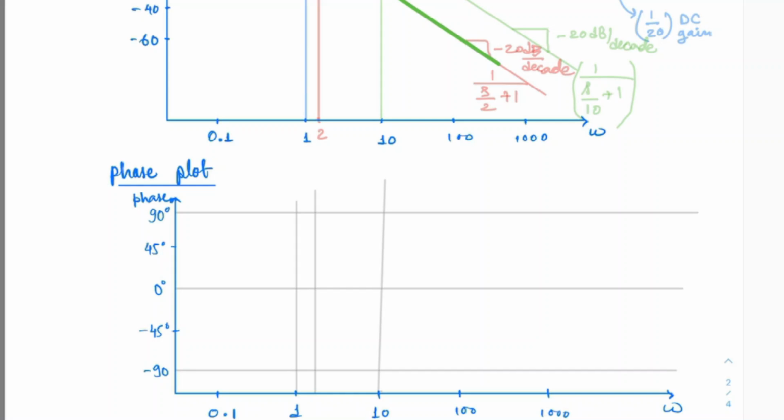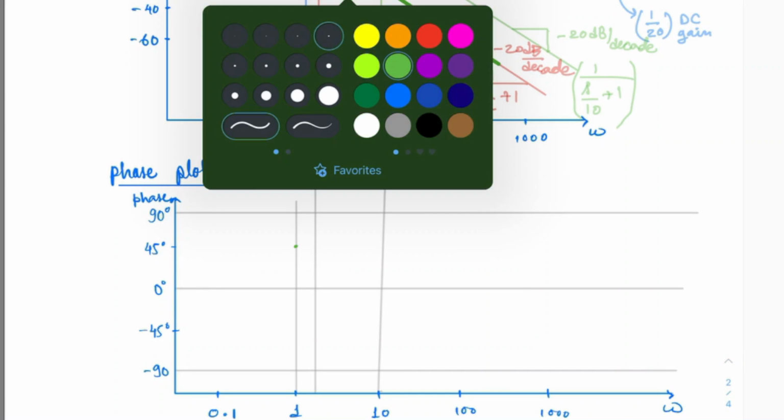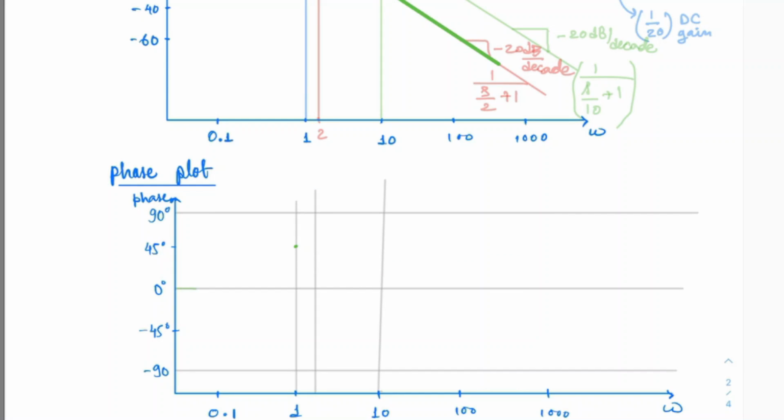At the crossover frequency, it will have the value 45. So we'll start from 0 and follow this. So this one is s plus 1.